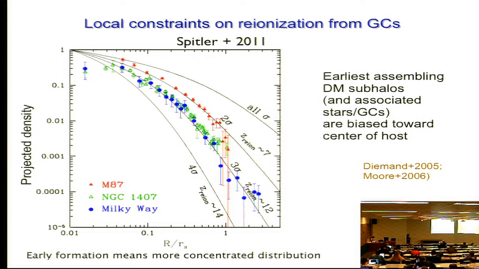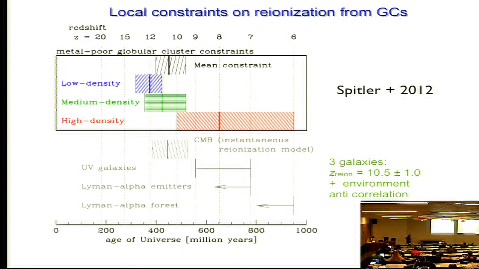So this is projected density against galactocentric radius, and you can compare the distribution of the metal-poor globular clusters with the predictions from the distribution of dark matter halos. So the upshot here is, and this was from an idea suggested by Pierre Madau, Ben Moore, and Jörg Diemand some years ago.